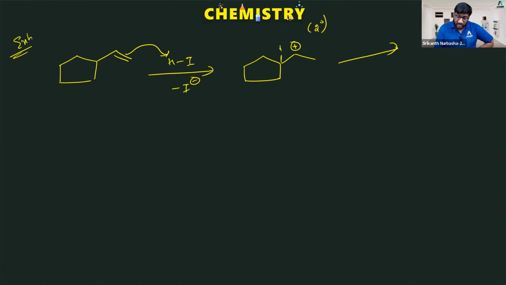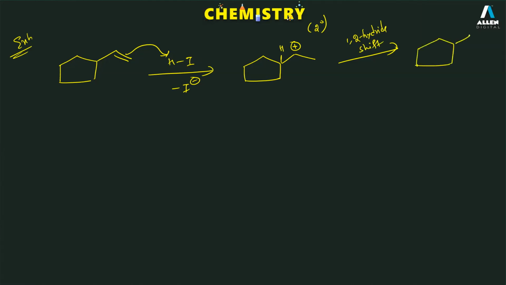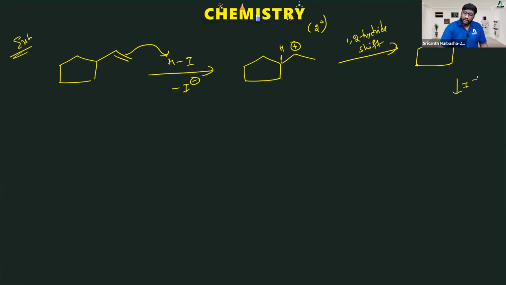Hydrogen is present here, so I can do a 1,2 hydride shift. If I do that, I will generate a 3 degree, tertiary carbocation. Compared to secondary, tertiary carbocation is more stable. Can I now attack the iodide ion on this carbocation and say this is the major product?